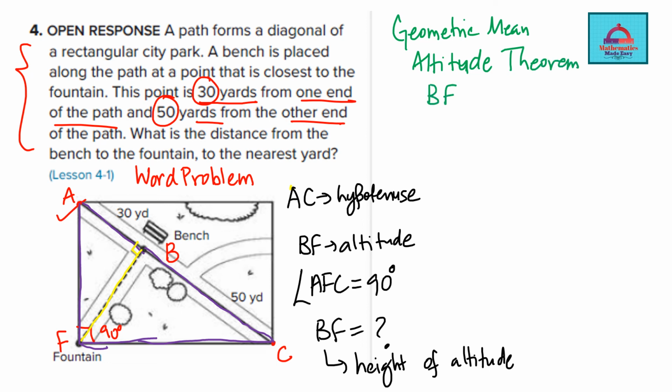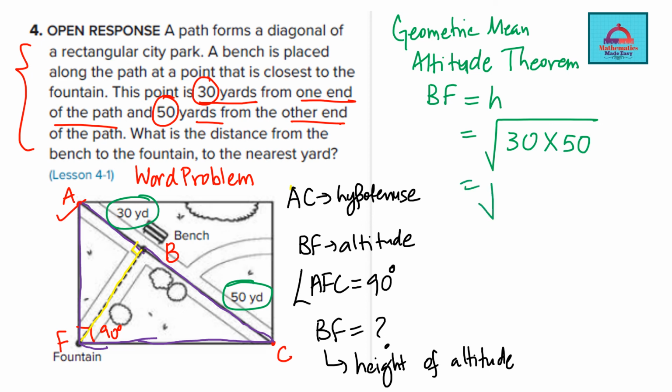So your BF, which is the height of your altitude, is the geometric mean of the product of the two segments of the hypotenuse. So one segment is 30, one is 50, right? So just multiply them. Now you can use prime factorization. This is 3 multiplied with 10 multiplied with 5 multiplied with 10.